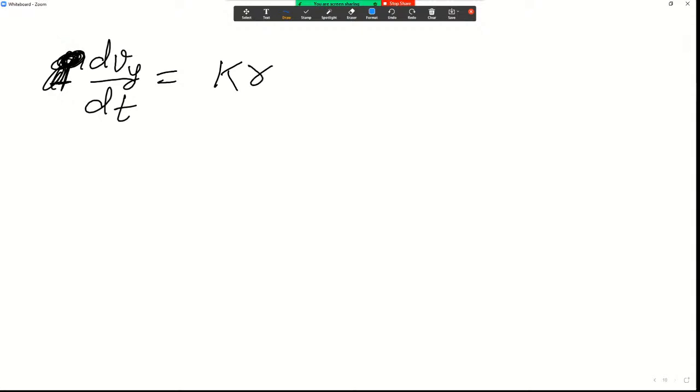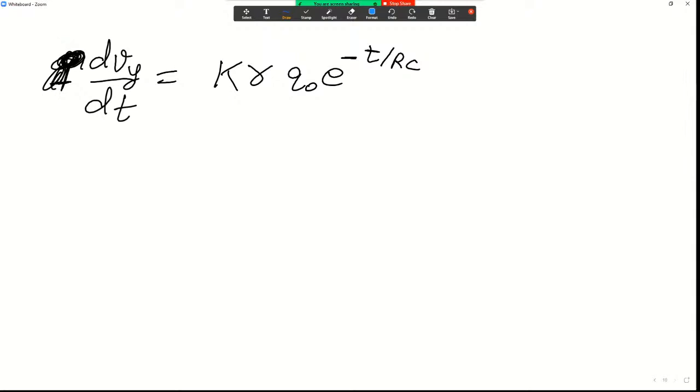So for discharging, we have m dvy by dt equals to, or we can say directly dvy by dt equals to, negative of, no, here positive only, k times r times q of t, that is q naught e to the power minus t by rc.